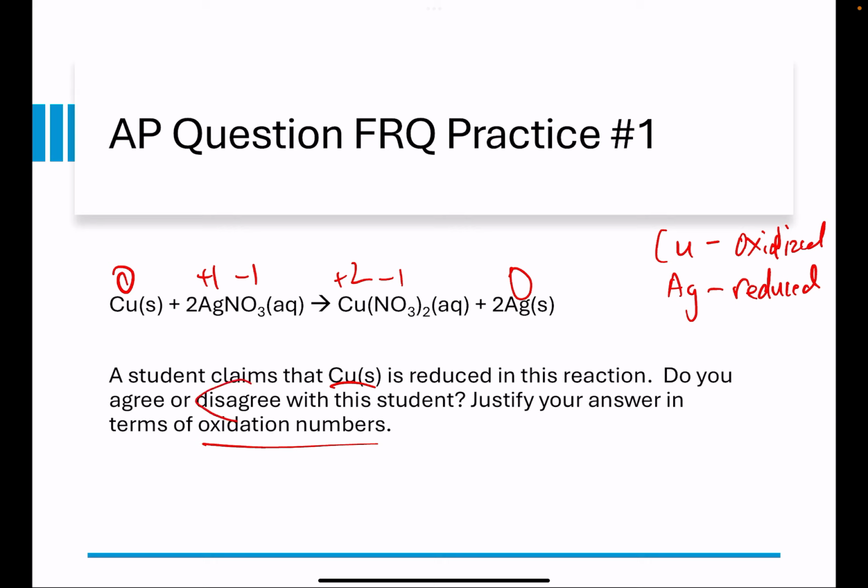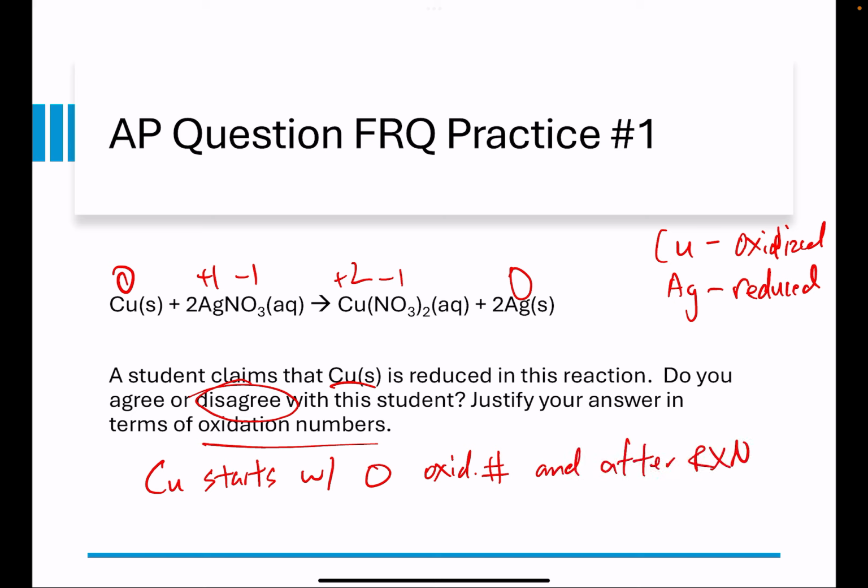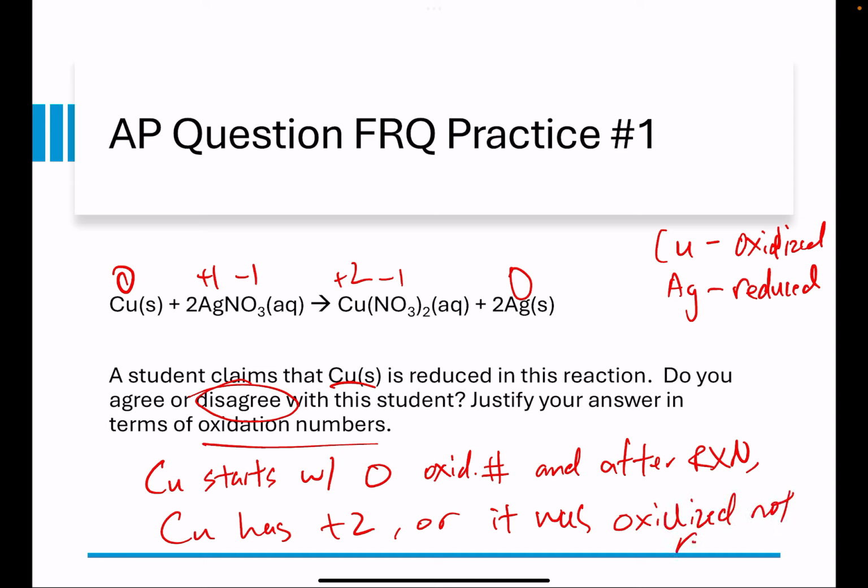So in this case, we disagree because copper started with an oxidation number of 0, and after the reaction, copper has +2. So it was oxidized, not reduced.